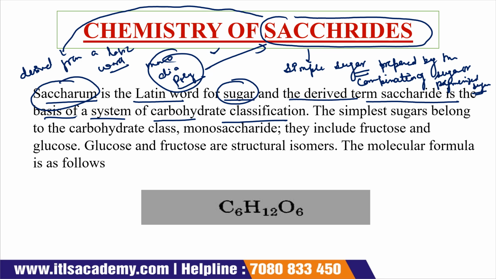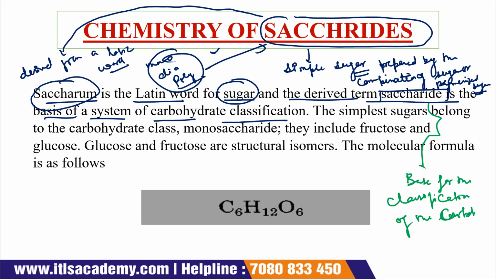So saccharides are considered the base for the classification of carbohydrates, that is disaccharide, monosaccharide, polysaccharide. Then we consider it on the basis of the saccharide.